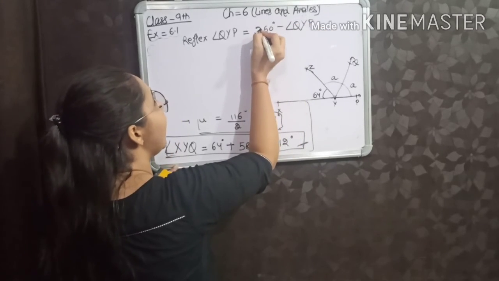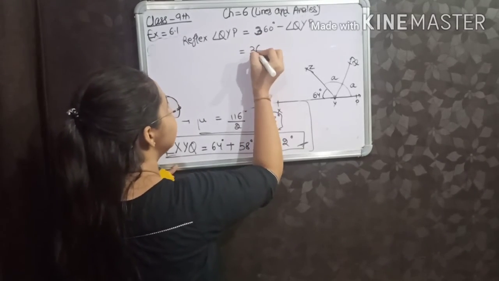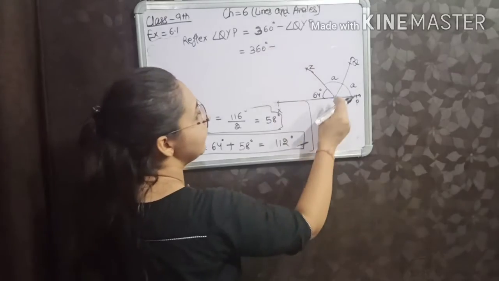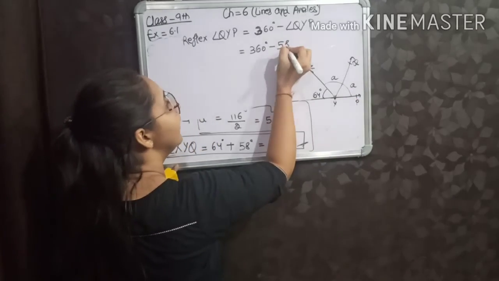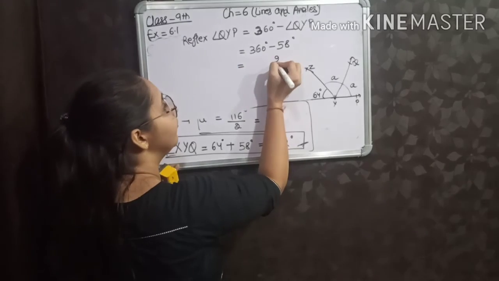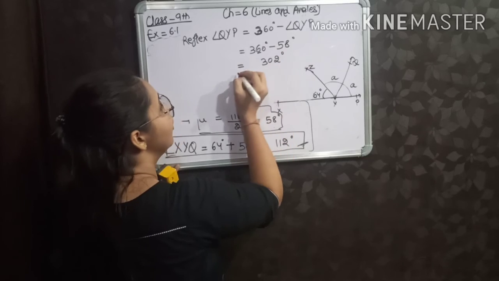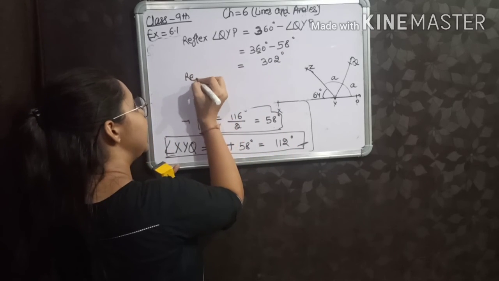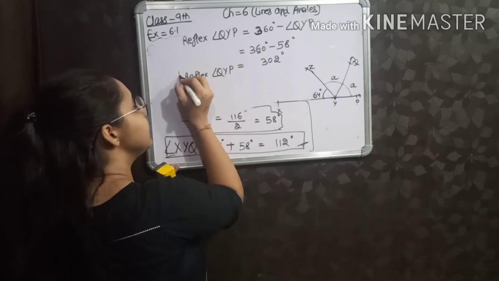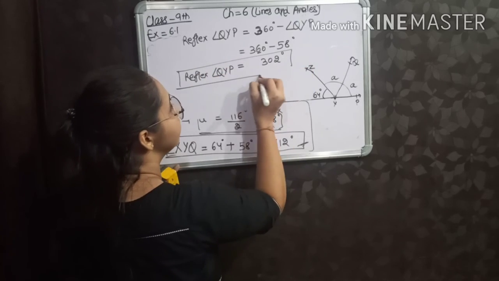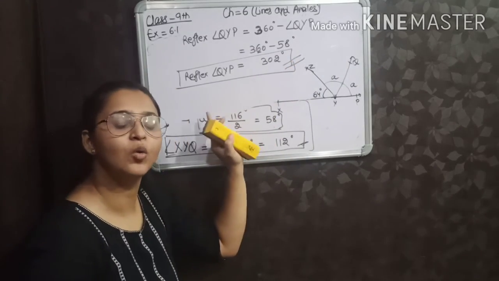This is the formula to find the reflex of an angle. So 360 degree minus QYP. QYP is A and A is 58 degree. It will give you 302 degree. Reflex QYP is equal to 302 degree. This was all about our question.